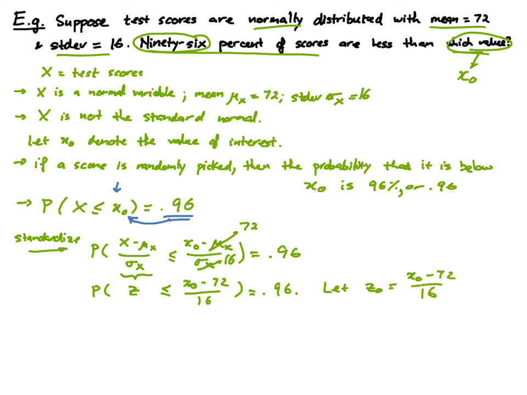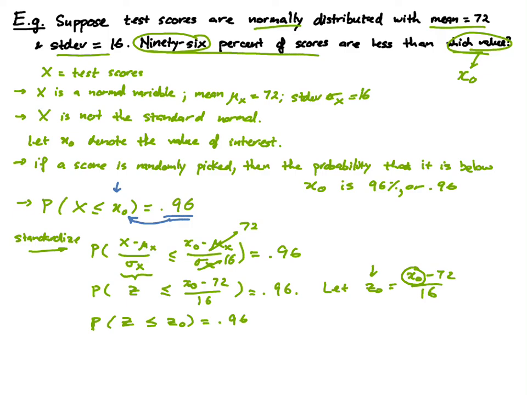Then the problem boils down to the probability that Z is less than or equal to z sub 0 is 0.96. So here's the idea. As long as we can find a z sub 0 such that the probability that Z is less than or equal to z sub 0 is 0.96, then we can replace z sub 0 by its numerical value and then find X sub 0, which is our value of interest. So let's see how we find z sub 0.